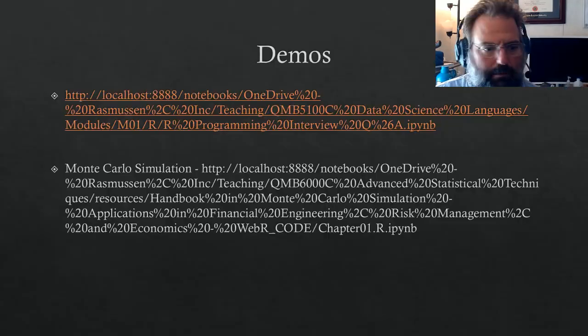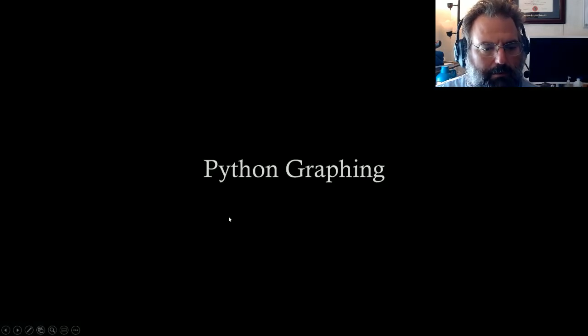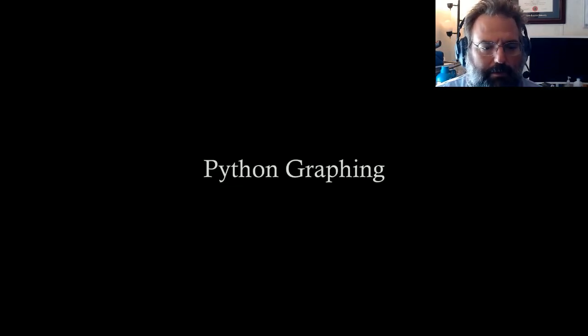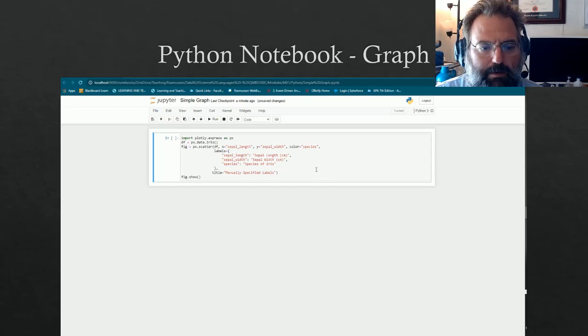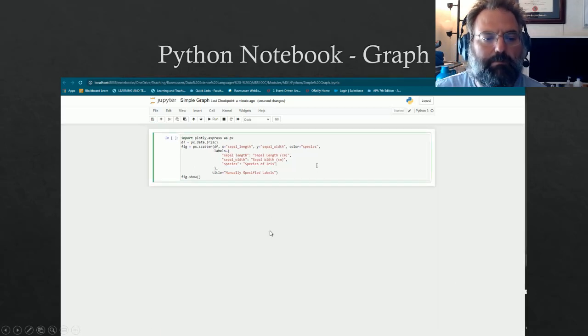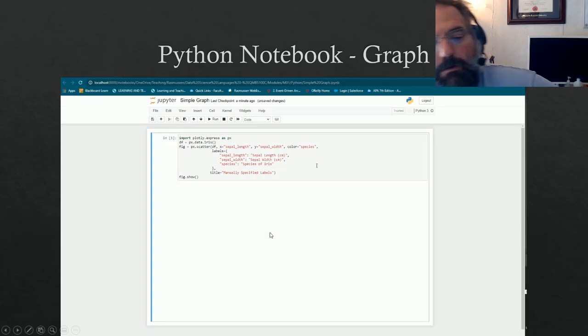Switching back to our examples. So Python graphing. So moving on back over to the graphing side of things. The simple way is using, we've kind of talked a little bit about it, Plotly, which is similar to Matplotlib, that kind of concept, or ggplot.